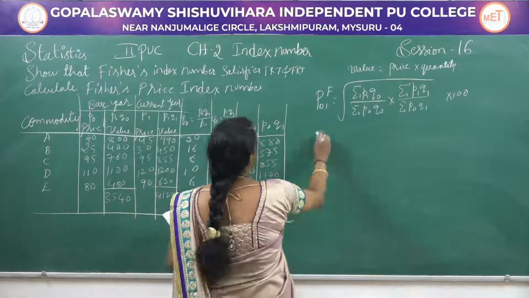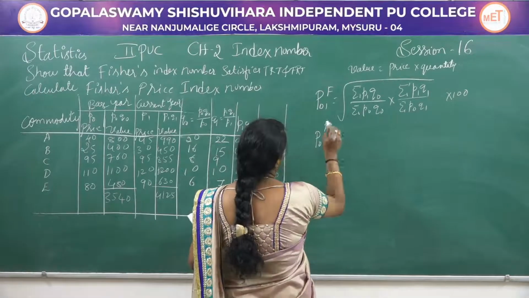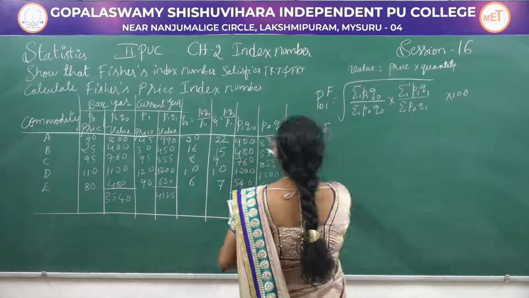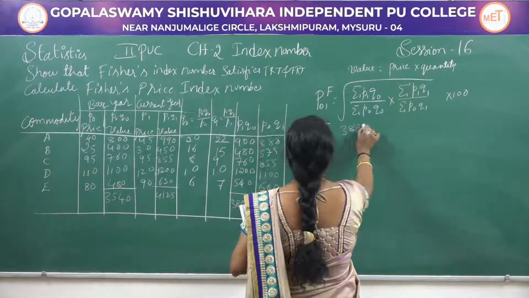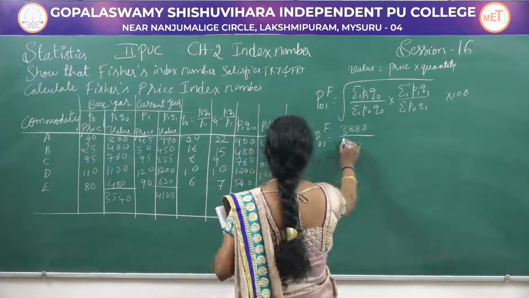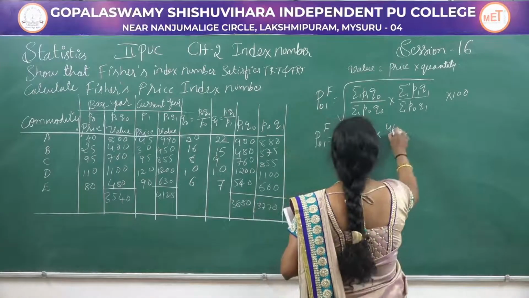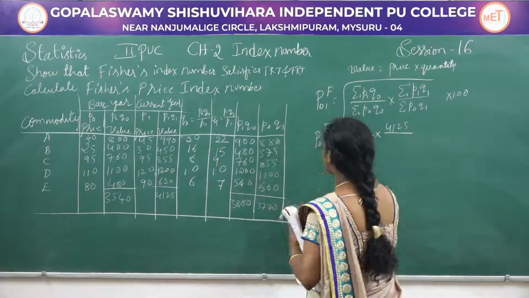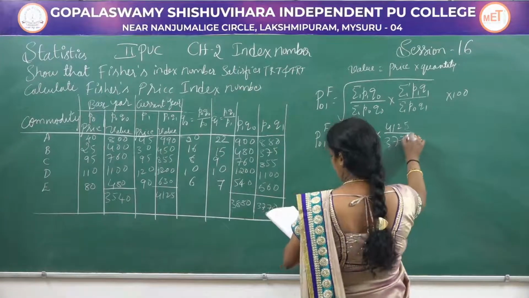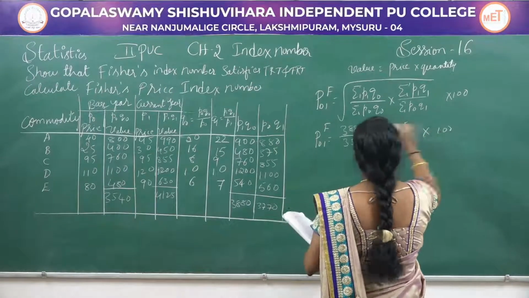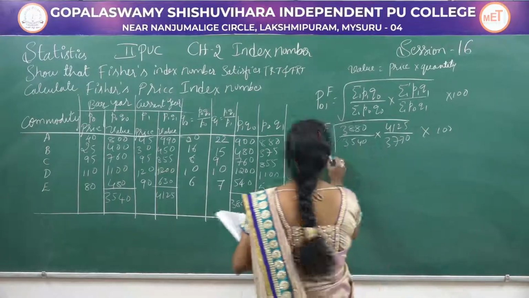Next, P01 of Fisher's is equal to, substitute the values. P1 Q0 is 3880, P0 Q0 is 3540 into P1 Q1 is 4125, P0 Q1 is 3770, into 100. This will be outside the square root.